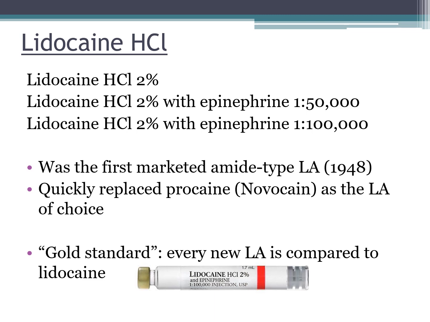In the clinic, you will be using the lidocaine HCl 2% with epinephrine 1 in 100,000. It was the first marketed amide type local anesthetic. It was quickly replaced by Novocaine as the local anesthetic of choice, and it is the gold standard. Every new local anesthetic is compared to lidocaine.